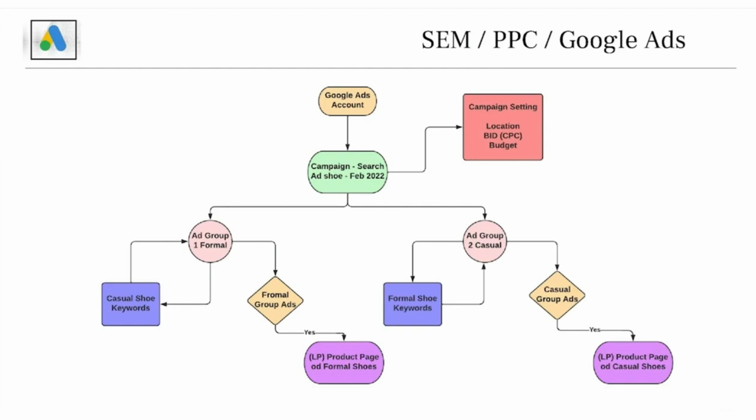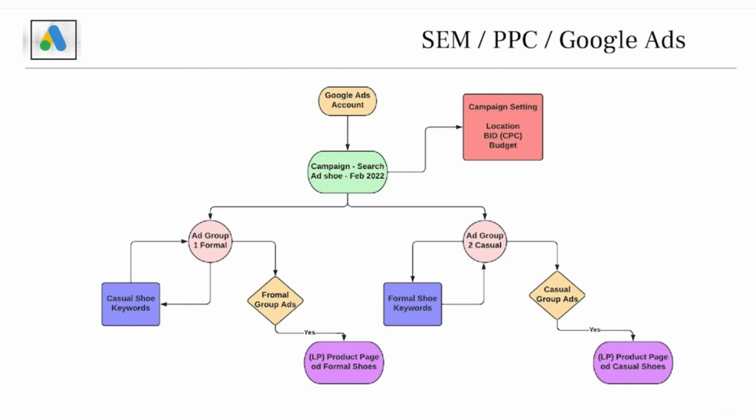All the formal keywords like party shoes, office shoes, formal black shoes would go here. This ad group would trigger if any of these keywords were searched, and accordingly this ad, which has everything related to only formal shoes, will be shown. And of course with that ad, the landing page which is connected would be opened when somebody clicks the ad.